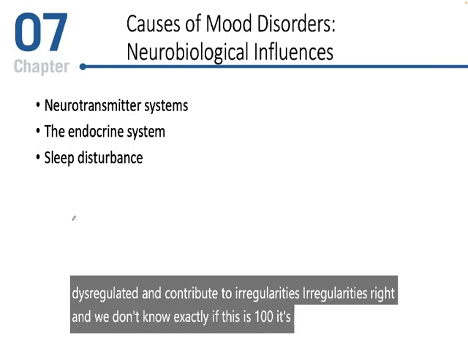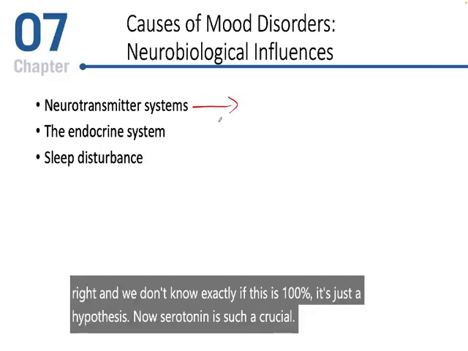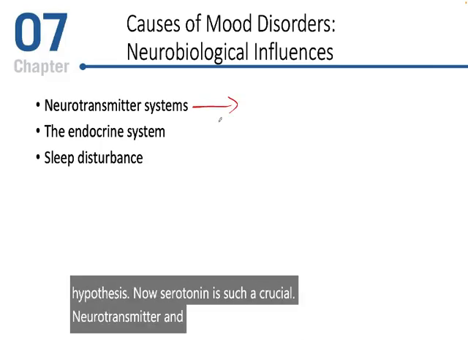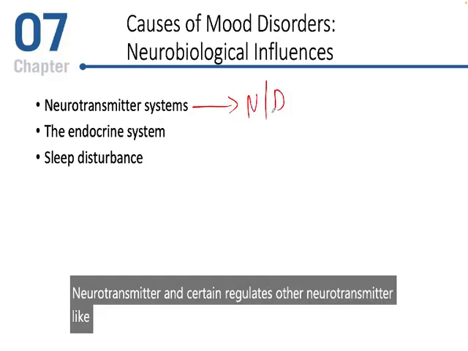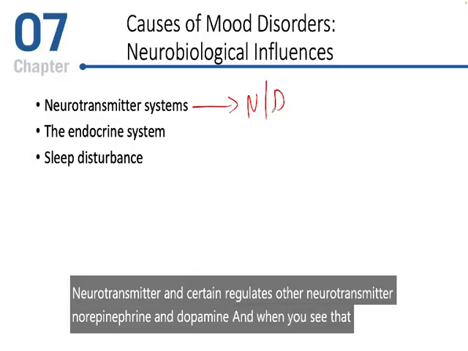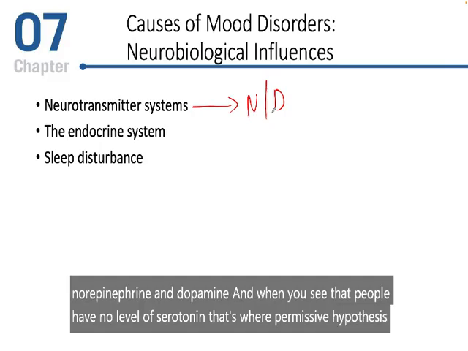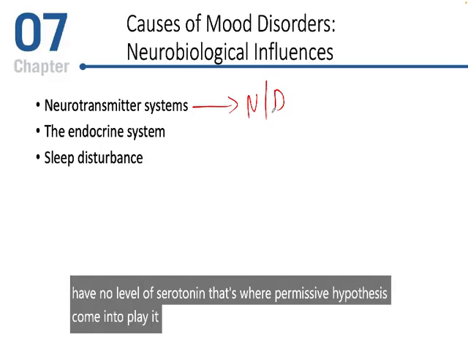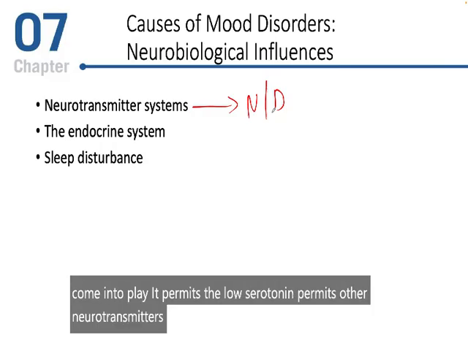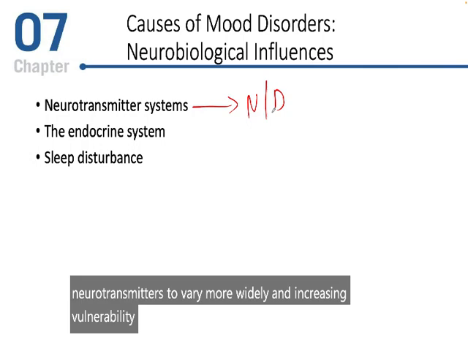It's just a hypothesis. Serotonin is such a crucial neurotransmitter, and it regulates other neurotransmitters like norepinephrine and dopamine. When people have a low level of serotonin, that's where the permissive hypothesis comes into play. The low serotonin permits other neurotransmitters to vary more widely, increasing vulnerability to mood disorders.